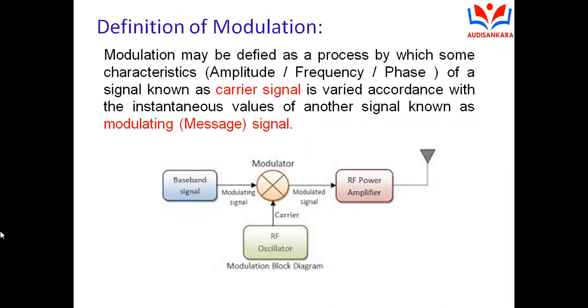Whenever I am asking about amplitude modulation, mention amplitude. Whenever I am asking about frequency modulation, mention frequency. Whenever I am asking about phase, mention phase. How many times am I telling you?